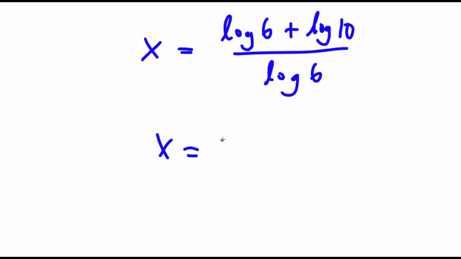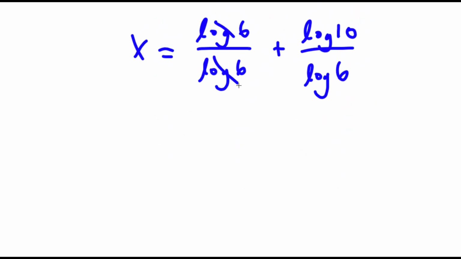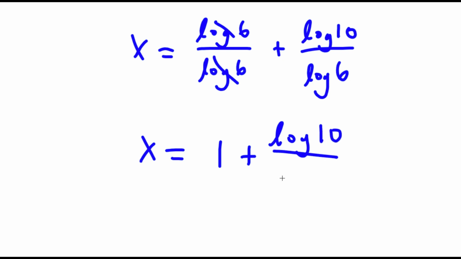Now this is the same thing as log 6 over log 6 plus log 10 over log 6. Now log 6 and log 6, these two cancel out. So now I have 1 plus log 10 over log 6.